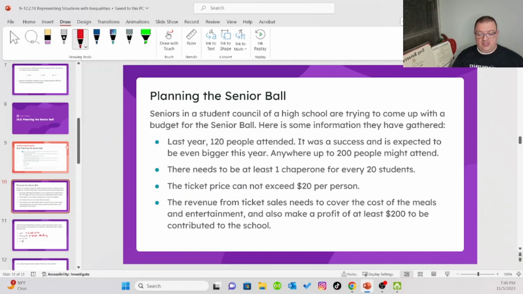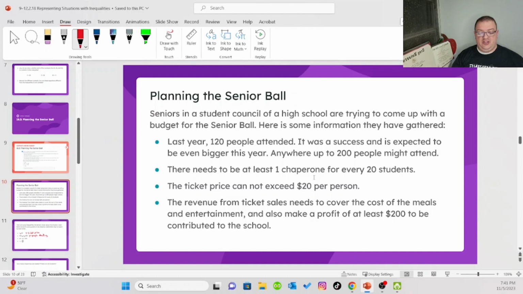Well, if we look at this bottom bullet point, it says revenue from ticket sales needs to cover the cost of the meals and entertainment and also make a profit of at least $200. So it could be greater than 200 or equal to 200. It just couldn't be less than 200.